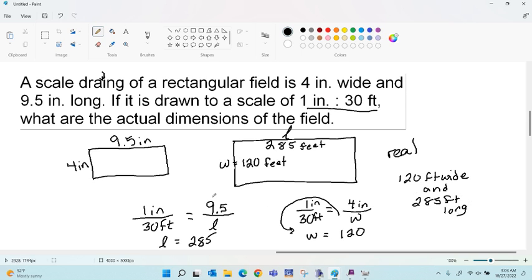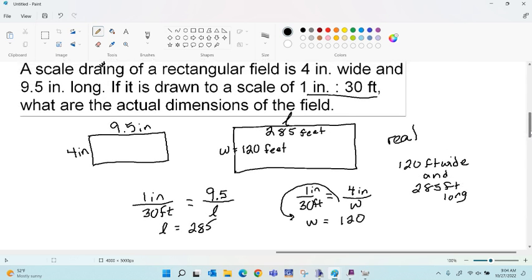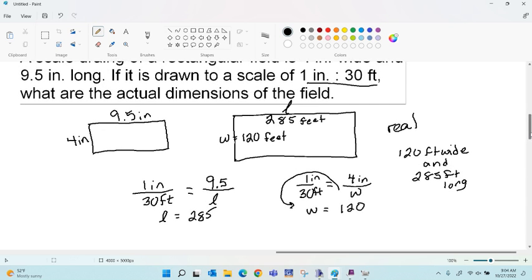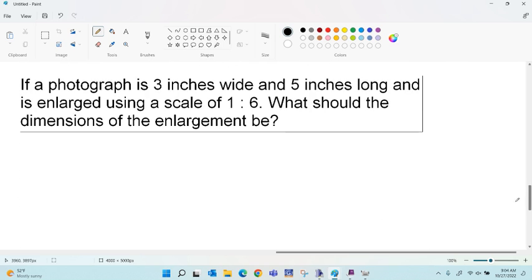When you have 2 dimensions, you have to set up 2 proportions, kind of like we did with the triangle problem. Now the last one is the same logic, but instead you have a blown up picture.